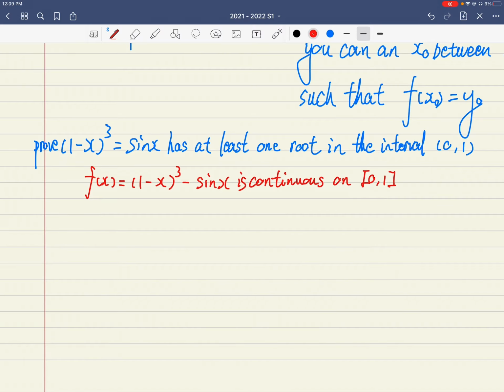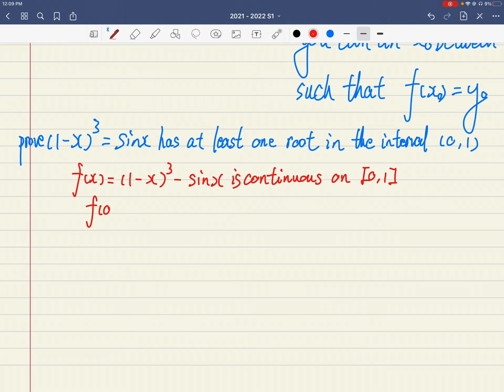You don't have to prove this, because it's just a combination of basic functions. Sine x is continuous everywhere, a polynomial is continuous everywhere, and addition and subtraction are still continuous. You don't have to prove why it's continuous, but you need to state this. Then it is continuous on 0, 1.